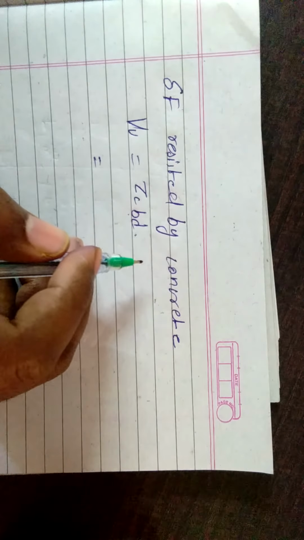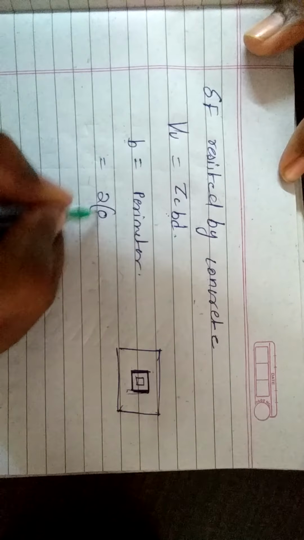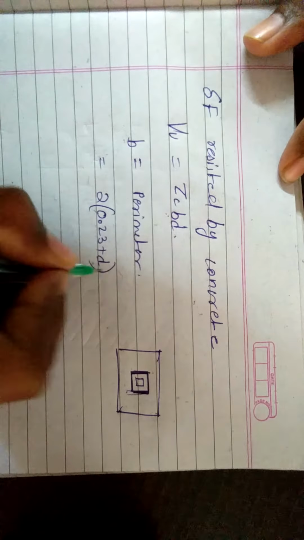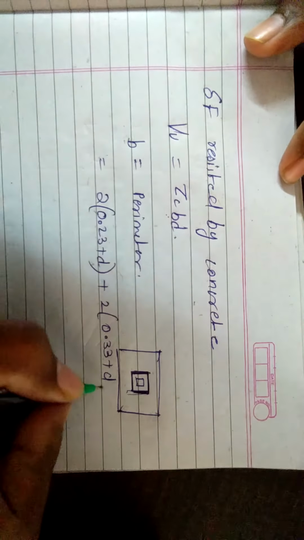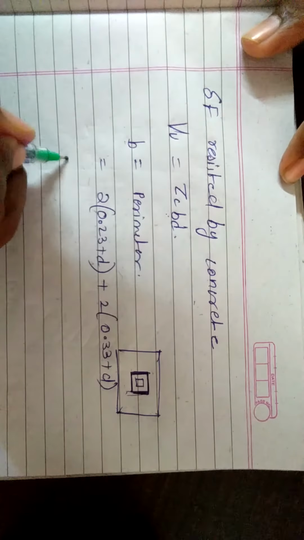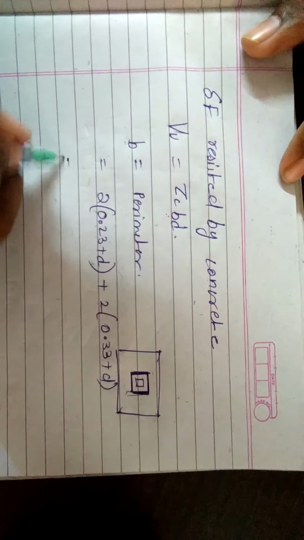Now what it will be: 2 times of (0.23 plus D) plus 2 times of (0.33 plus D). Now it will become 1.12 plus 4 times of D. This is the value of B. So it is equal to 118 into in bracket 1.12 plus 4 times of D into D. This will be equation number 5.